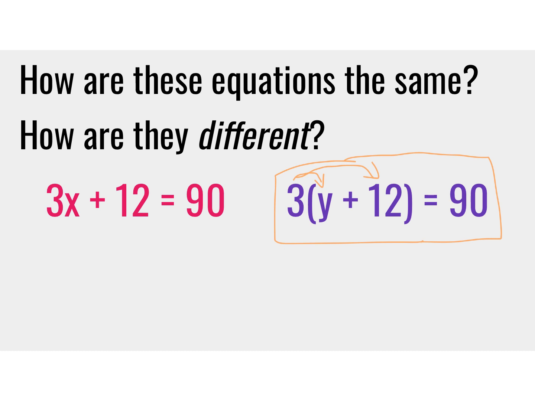So we are really saying 3 times y and 3 times 12, which is 36. So our equation actually becomes 3y plus 36 equals 90, whereas here we just have 3x plus 12. So there is a big difference between the 2 equations.